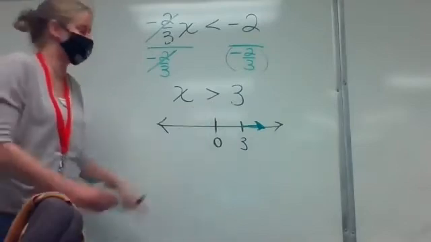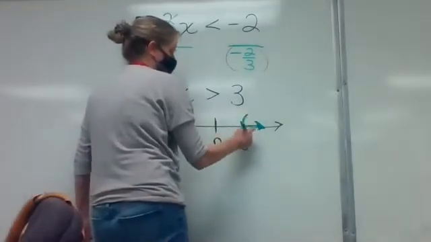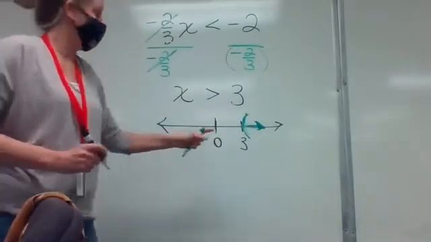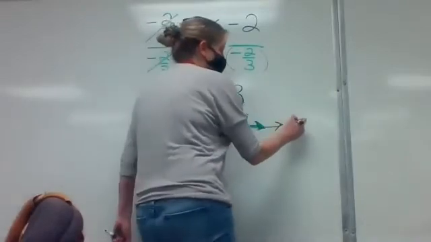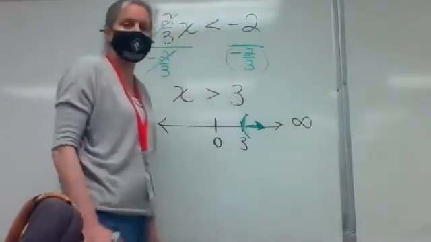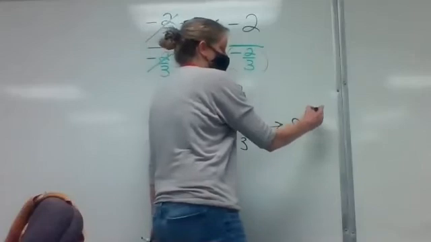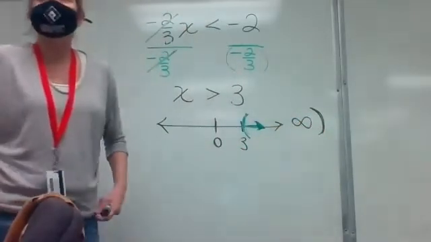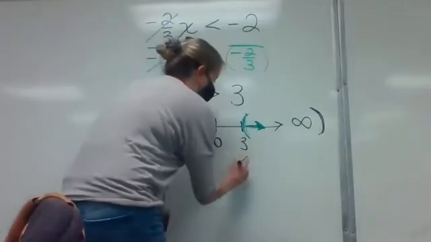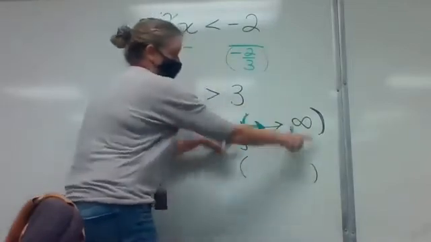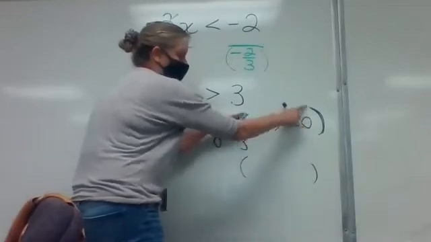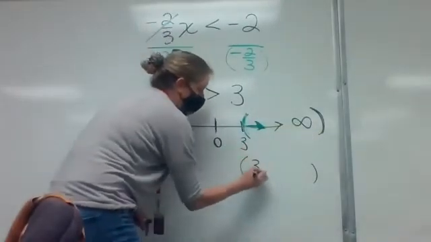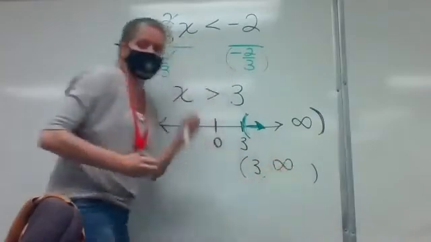Since it doesn't have an equal to bar, it needs a parenthesis. Arrow going forever to the right, which means it's going to infinity. And what do infinities always have around them? Parentheses. So once you draw that on the number line, now when you are doing your interval notation, you're just copying it, right? These parentheses with a 3, comma, infinity.